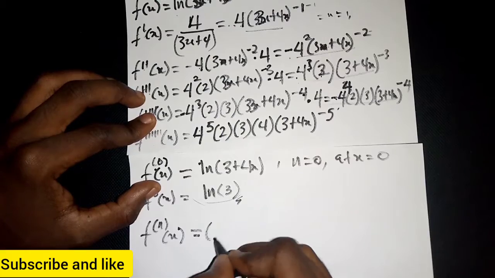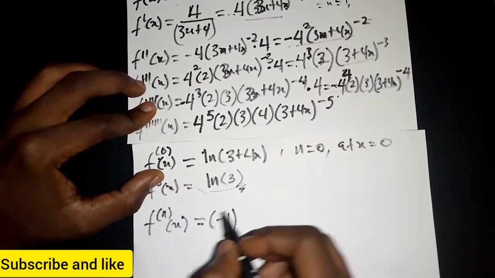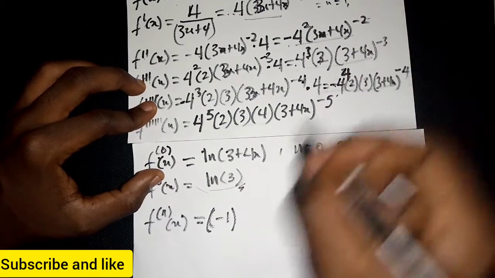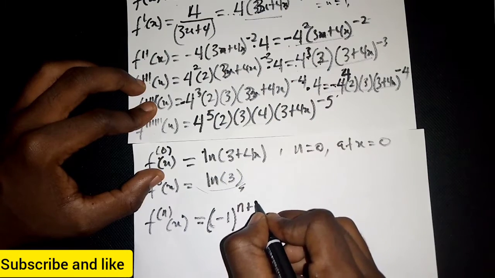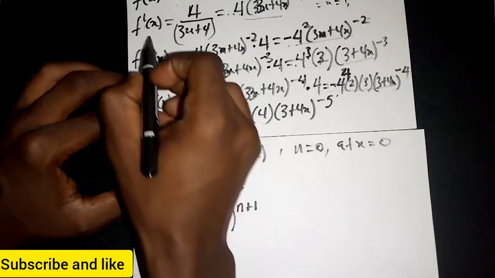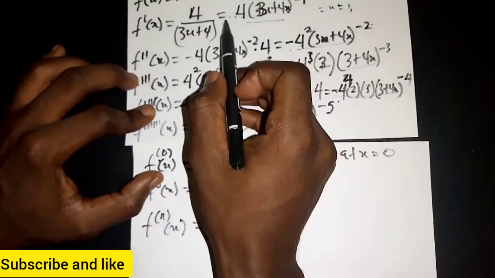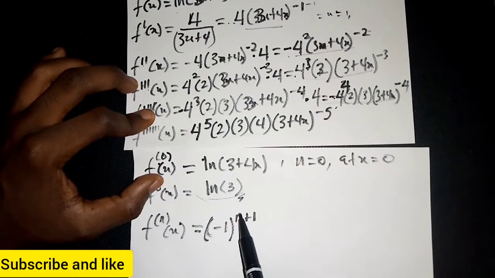So we can write it as negative 1, then depending on the powers, we can write that it is n plus 1, because for this one, when n is 1, we had positive. So when n is 1, then we have negative 1 to the power squared, then it is just positive.